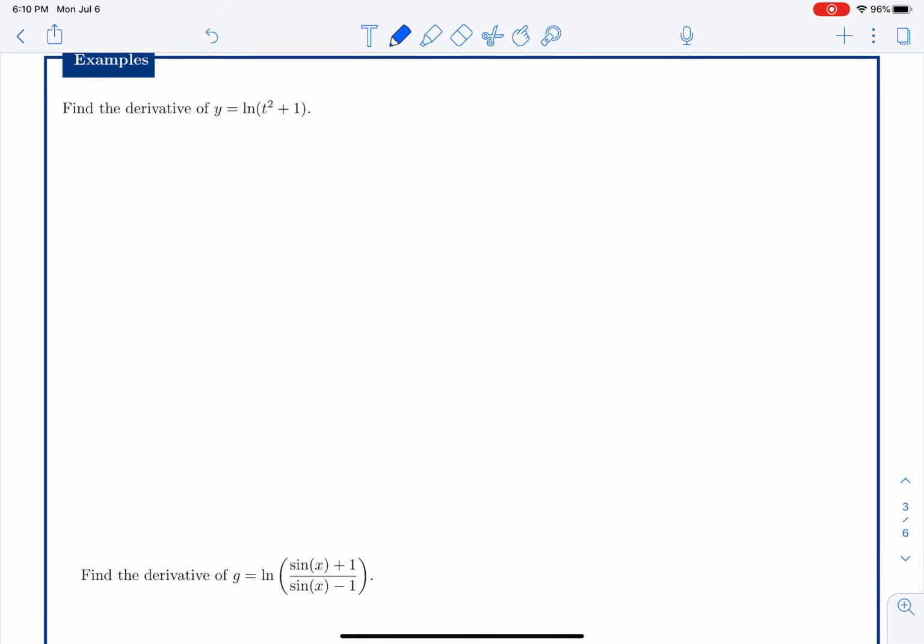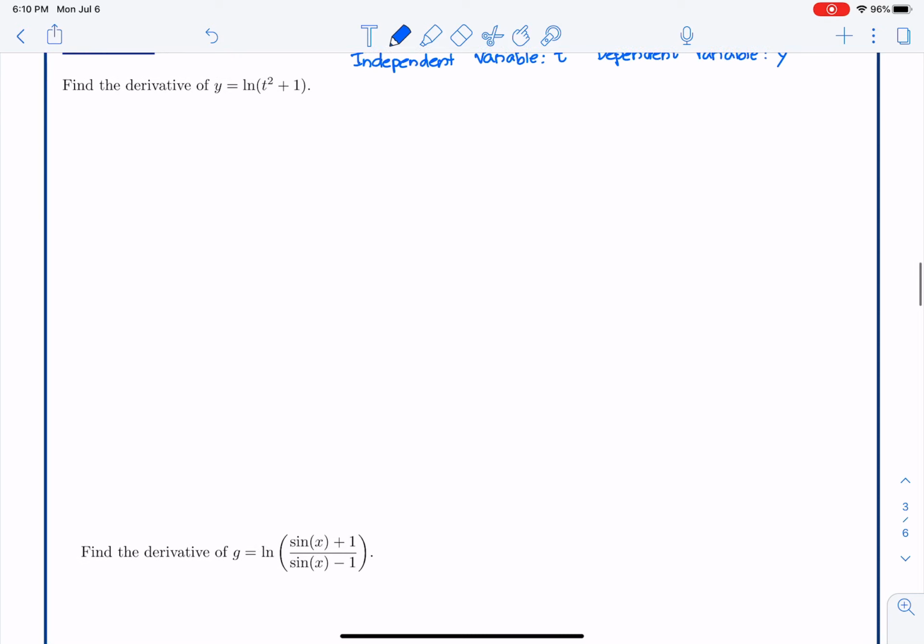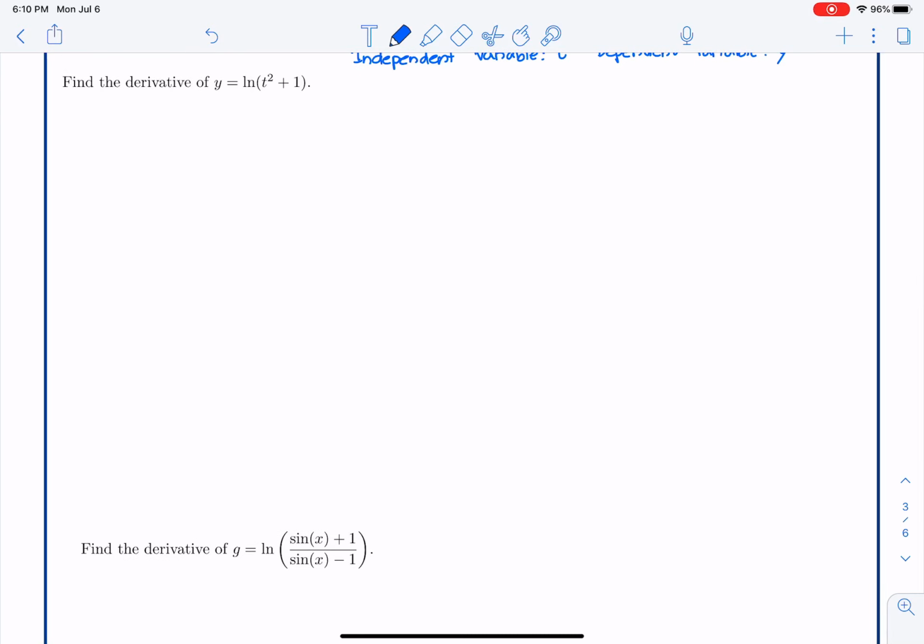In this problem, the independent variable is t, the dependent variable is y. So again, we have a function within a function, so ln, and within ln we have another function in terms of the independent variable, so we have to use chain rule again.